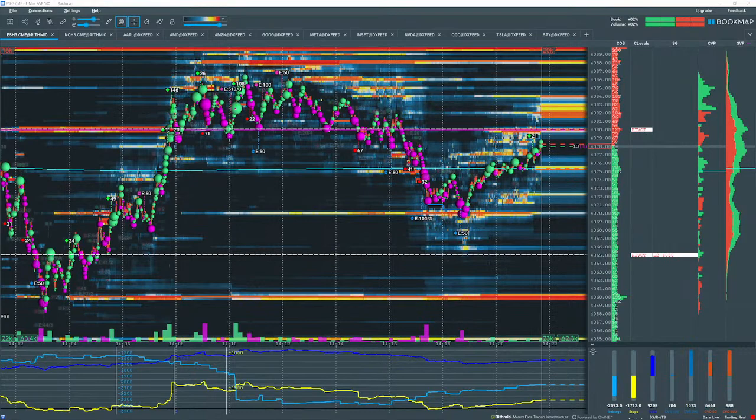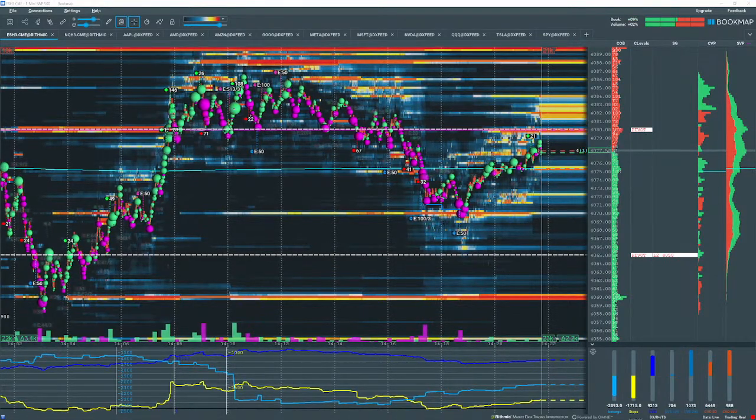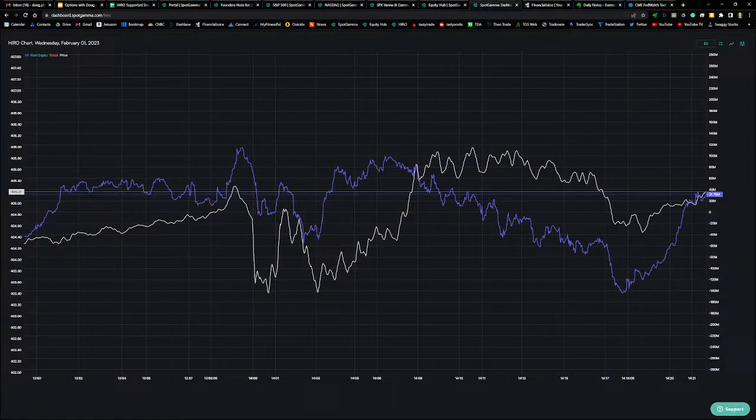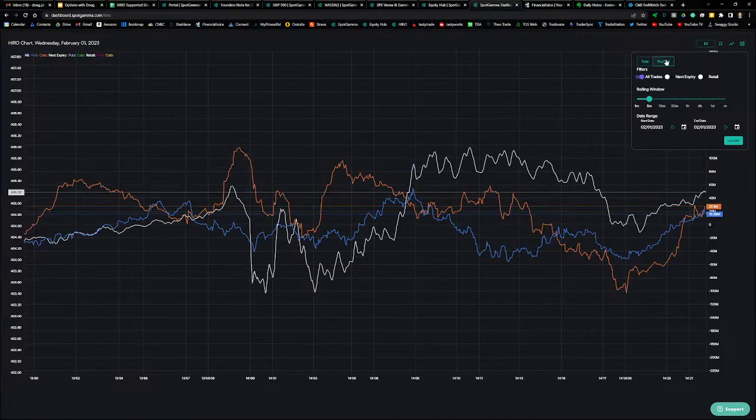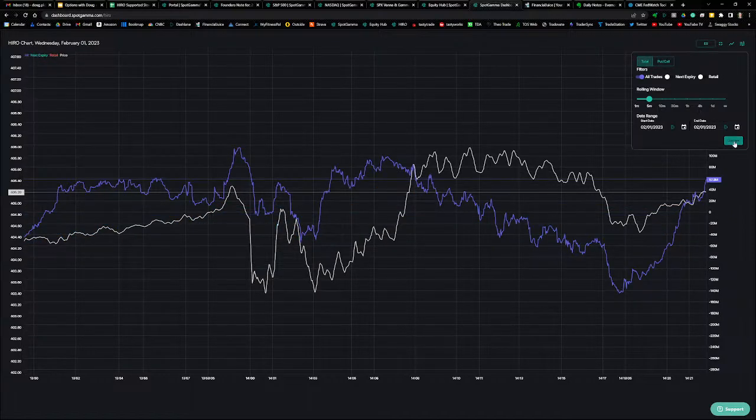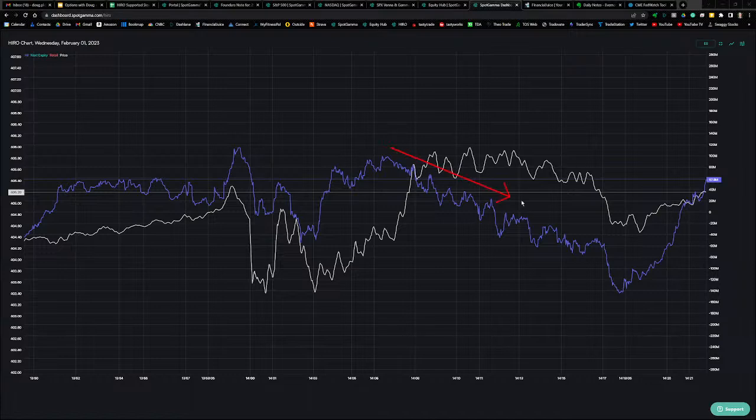All right, so let's see if options traders have turned this around. And yeah, they did. So more of a confirmation there, not much of a lead effect. Like this short setup at the 4065 level.